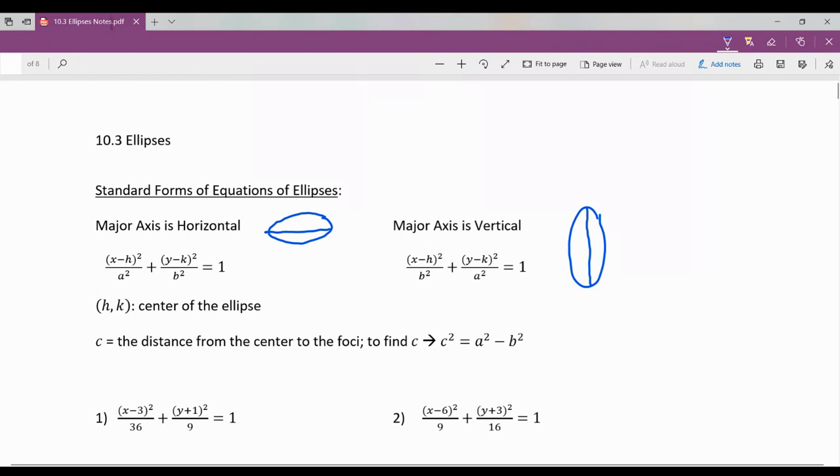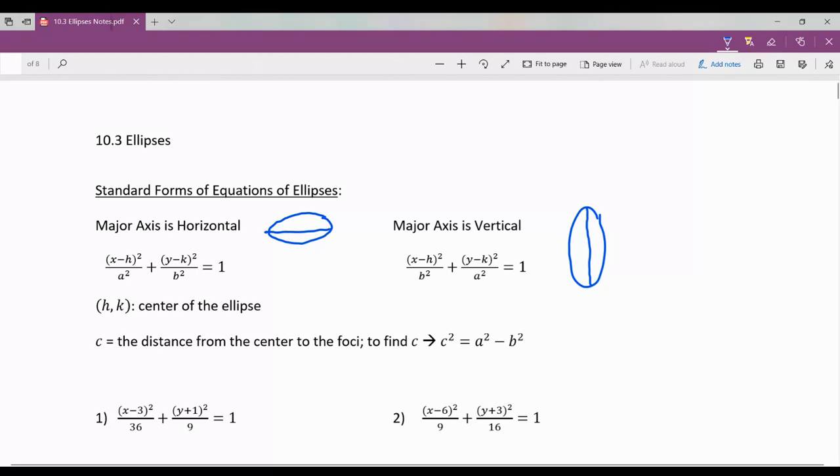So A squared and B squared switch depending on whether it's horizontal or vertical. H comma K is going to be the center of the ellipse, just like we used H comma K as the vertex of the parabola. We also had H comma K in our equation for a circle way back in section 1.1, at the beginning of the year.